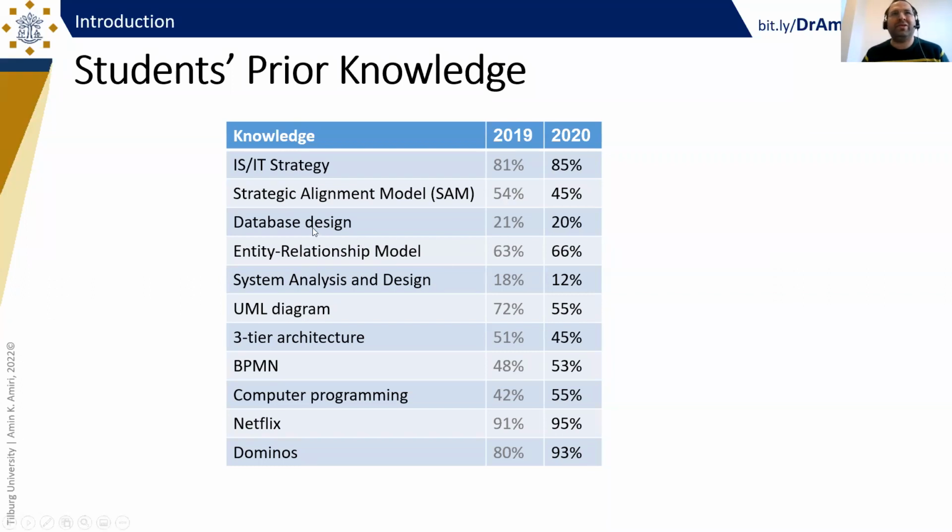Most students don't know database design. So you have to bear with me so that I can explain these in greater detail to those who may not know them. But again, I'm not going to teach these. I'm just going to give you some ideas about them, and for the assignment, you just need those ideas. You don't need to do everything in a great and accurate way. But you can see where the students are coming from, what their backgrounds are.